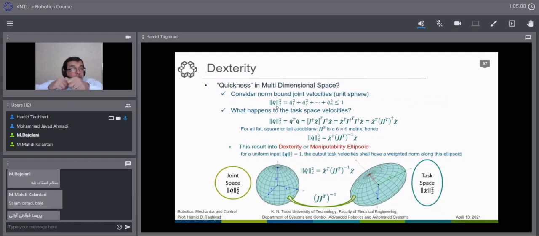Of course, this cobra or the man in the movie doesn't have very fast or unlimited velocities on the joints, but it uses a configuration to have very fast velocity at the end effector. So we consider a norm-bound velocity at the joint, and we derive the velocity at the end effector. What is required for us is the velocity of the end effector.